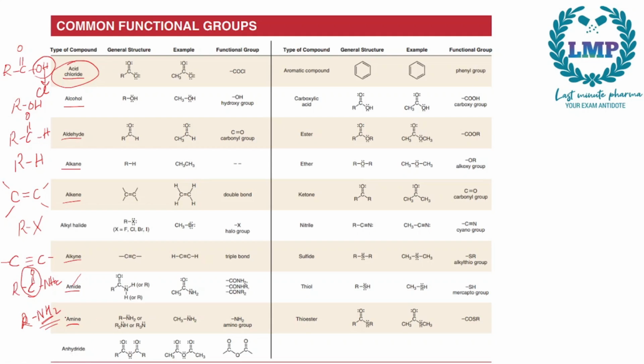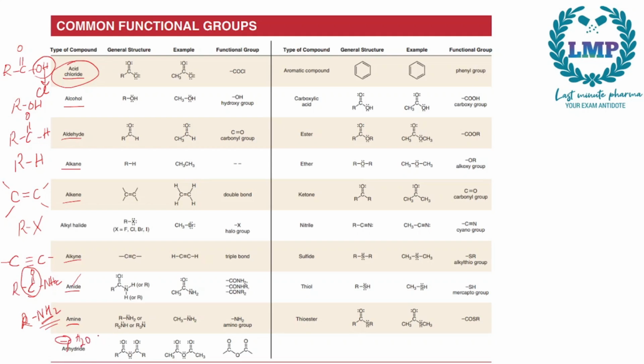Now anhydride. I want to tell you a story of what is anhydride. Anywhere there is the prefix "an", it means something is missing. Something is missing, and hydride means H2O.